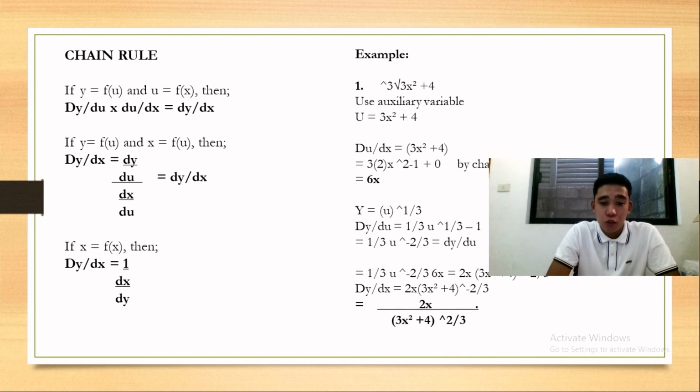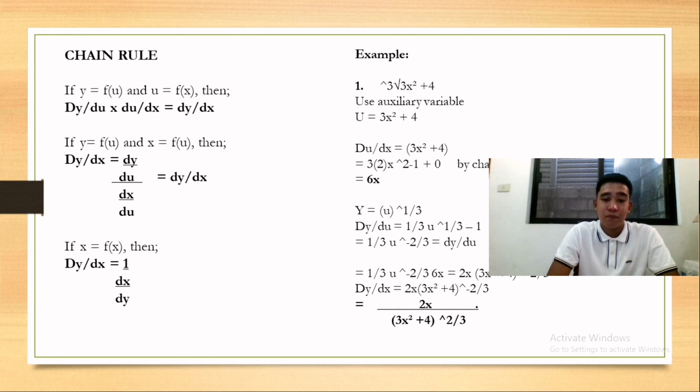Tapos y equals u raised to 1/3. dy over du equals 1/3 u raised to 1/3 minus 1, equals 1/3 u raised to negative 2/3. 6x times that equals 2x times 3x squared plus 4 raised to negative 2 over 3. dy over dx equals 2x times 3x squared plus 4 raised to negative 2/3.